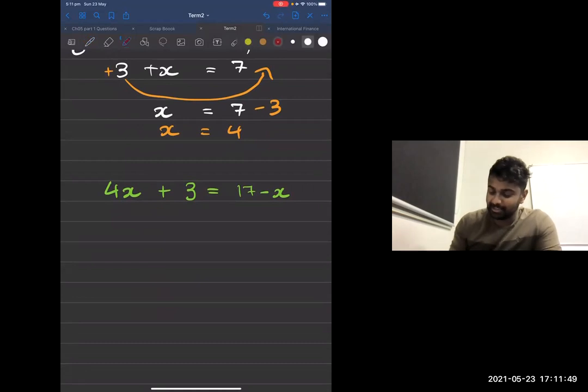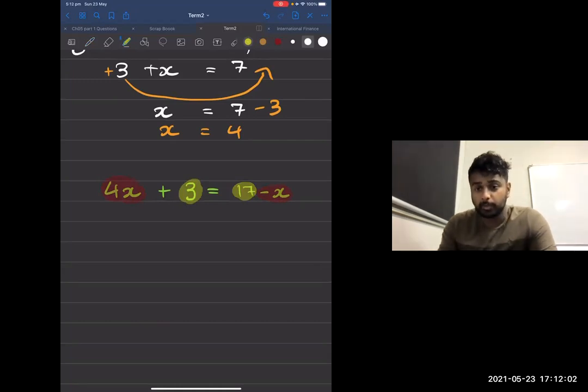Awesome. Thanks, guys. So we have 2 letters here, and we have 2 numbers here. So we want to keep the numbers on one side and the letters on the other side. Here's a tip. When you move one of them, try to move it in a way that both sides have positive numbers.